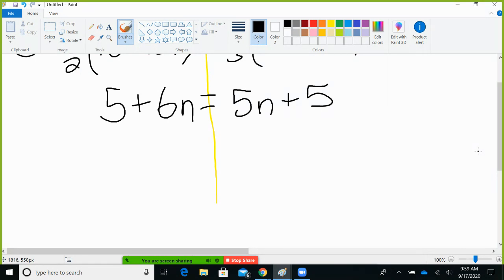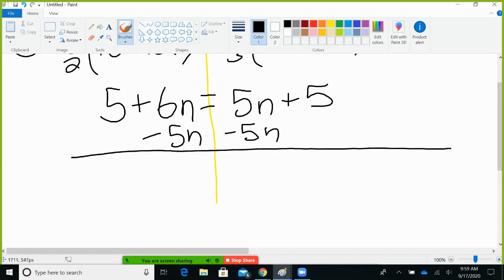Zach, what's my second step? Okay, minus 5n. Yep, both steps will get you to the same answer. So we have 5 plus n equals 5.